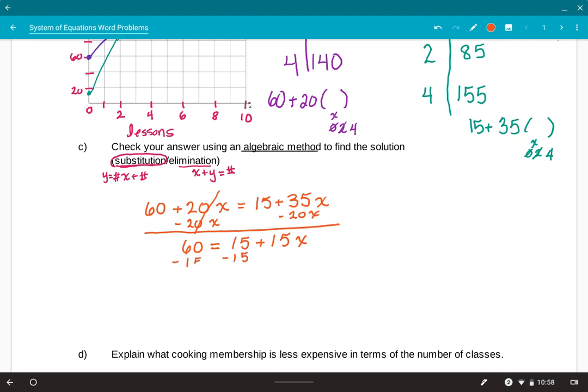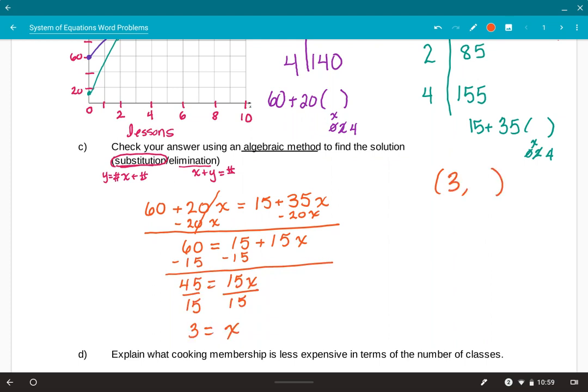Subtract, so now we're down to a two-step problem. We get 45 equals 15x. Divide by 15. Our x equals 3.